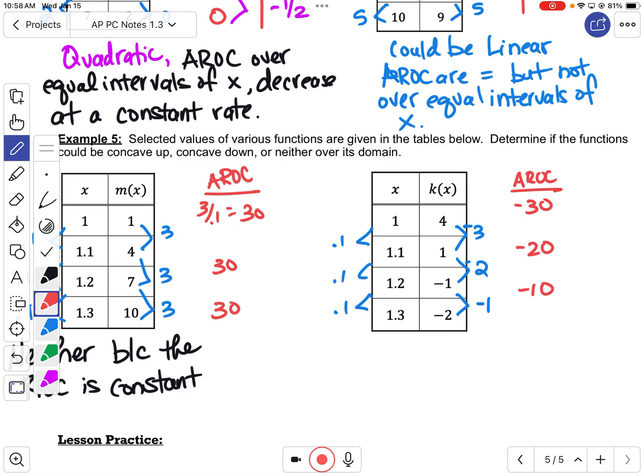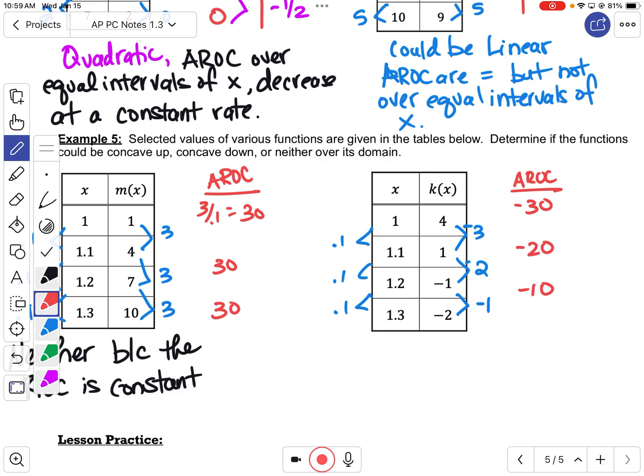Is that what you got for your average rates of change? Yes. So they're obviously not constant, so we've got some kind of concavity. Are those values increasing or decreasing? Increasing. It's weird when it's negative, right? We increase when we get less negative. We decrease when we get more negative.